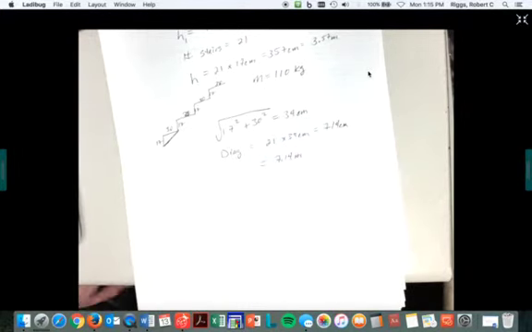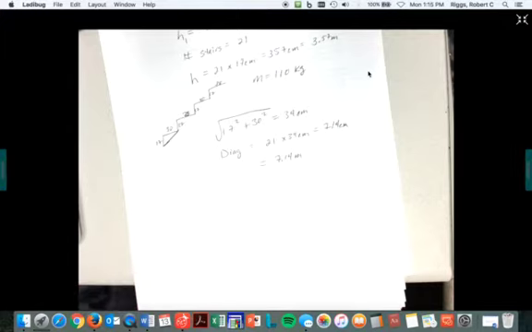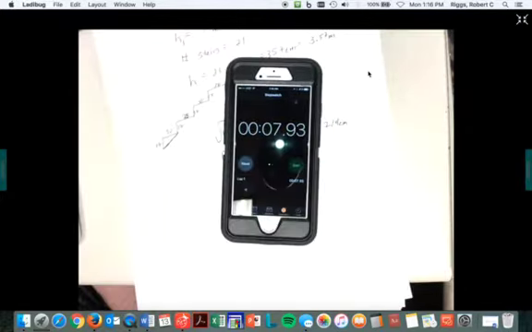Now, here's the deal. I ran that 7.14 meters, according to my watch here. Okay, so I look at my stopwatch, and here was the time that it took me to run that distance, 7.93 seconds.